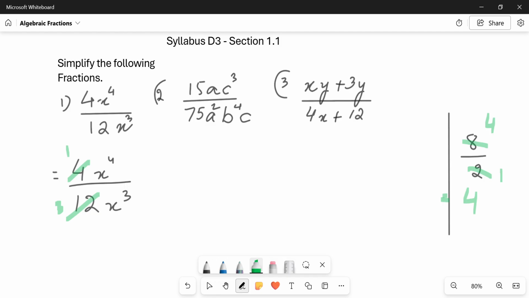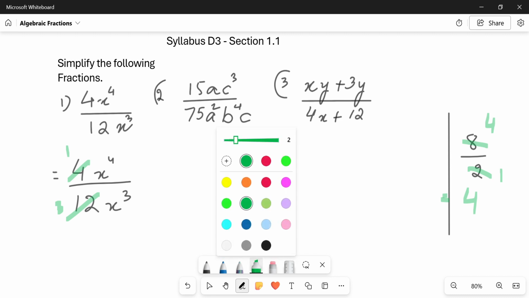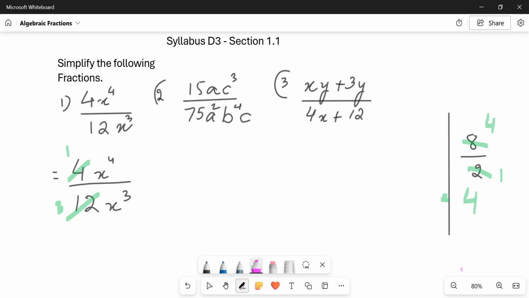First of all, we need to check that the variables are the same. Yes, the variables are the same. As you can see, x here and x in the denominator as well. If both the variables are the same, you can easily simplify their powers.